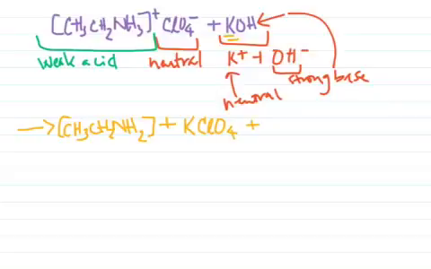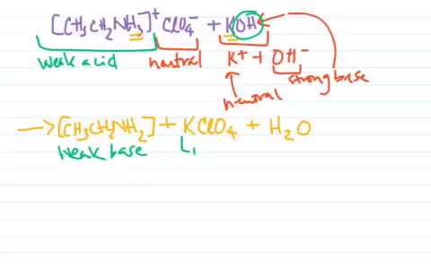And we also will be forming some water. Now this water is coming from that extra hydrogen and this hydroxide right here. So we know this is our conjugate base. So it's going to be weak. This right here is neutral because we know that the K plus is from a strong base.